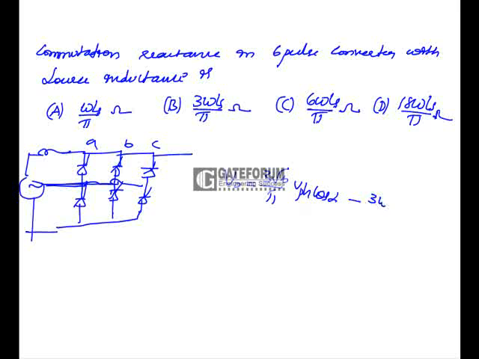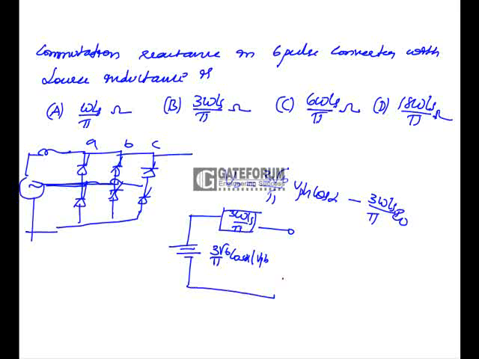There will be drop in this output voltage, that is equal to 3 times of omega Ls by pi into I0. This we can represent it as, this is the AC to DC converter rectifier. So this is 3 root 6 by pi into cos alpha into V phase. Drop across this one is 3 times of omega Ls by pi. Let us take, this is going to have a load.